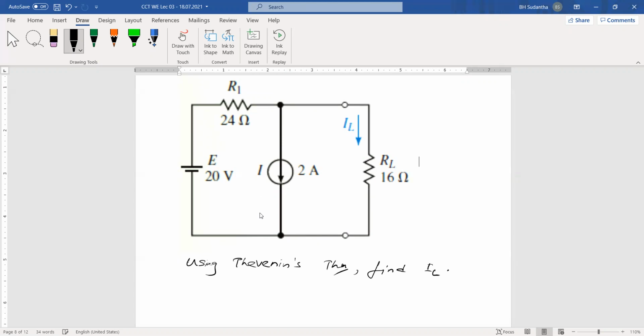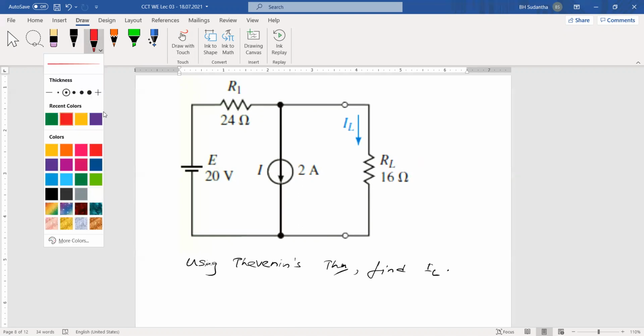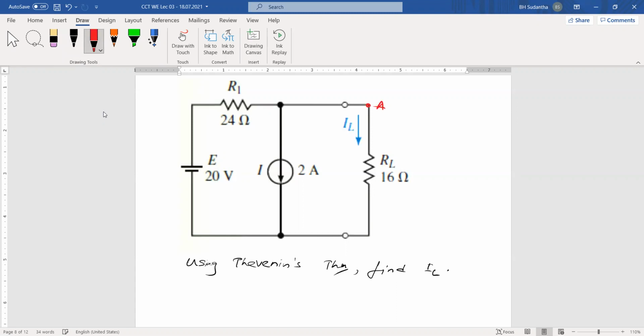Find IL. Okay, how can we do this one? First, we identify the nodes of the component. Then we can identify this one as point A and this as point B, and we can remove this component and redraw the circuit without it.